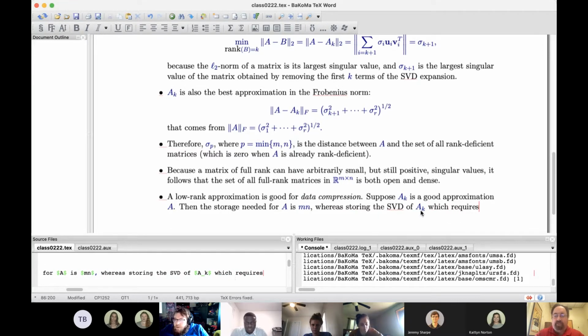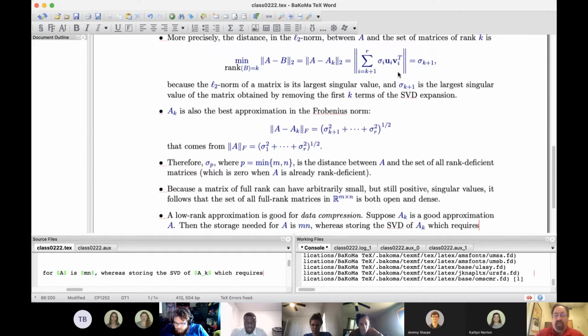Now, how much storage do you need for that? Well, you need K left singular vectors that have length M. We need K right singular vectors of length N. And you also have to store K singular values, which are just numbers.